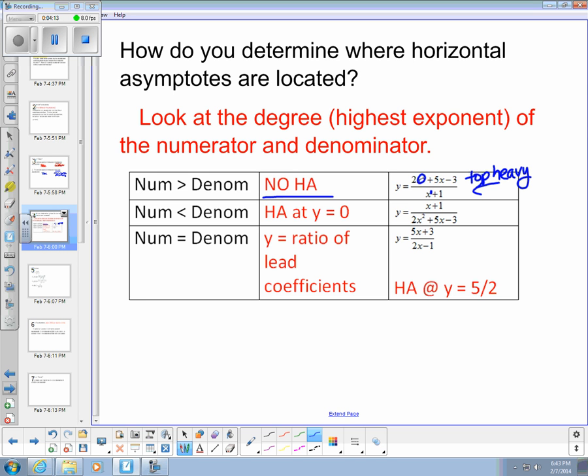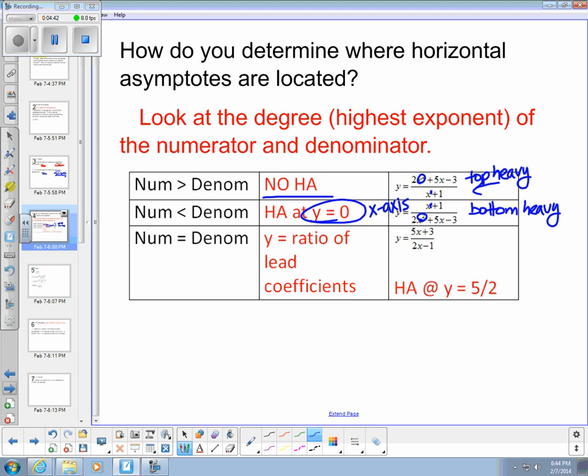If the degree of the numerator is less than the denominator, as in this example, because it's got x to the first over x to the second, this one is bottom heavy. Anytime the degree of the bottom is larger than the top, your asymptote will be at y equals 0, which is the x-axis. So it's going to approach the x-axis as we get further and further away from 0.